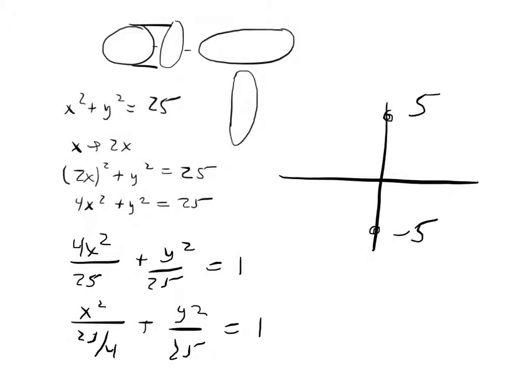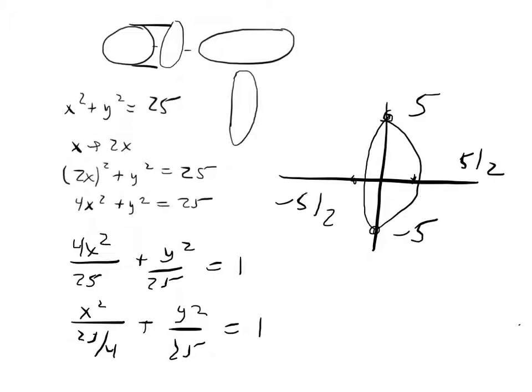And then the question is, to make y 0, what would x have to be to get x squared over 25 fourths equal to 1? The answer is 5 halves squared, or negative 5 halves squared, over 25 fourths equals 1. So my x-intercepts are 5 halves and negative 5 halves. And there's my ellipse.